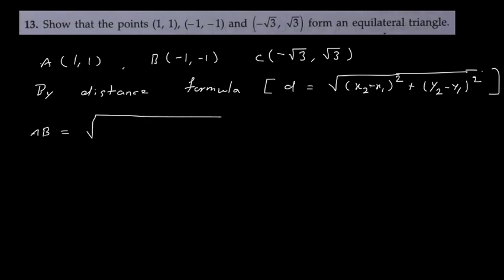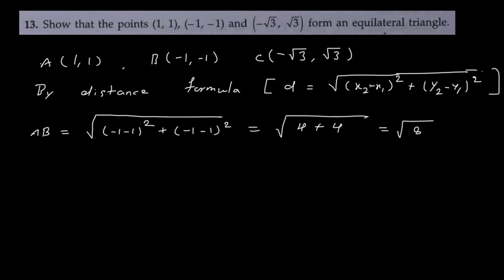So this AB is square root of, now you can say, (-1 - 1) the whole square plus (-1 - 1) the whole square. So -2 the whole square is plus 4, and here also it is plus 4. So plus 4, it is root 8. You can simplify this further, but keep this as root 8, because I need root 8 everywhere to make sure that this is an equilateral triangle.